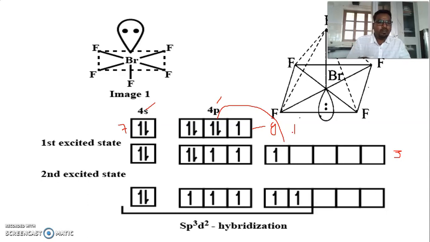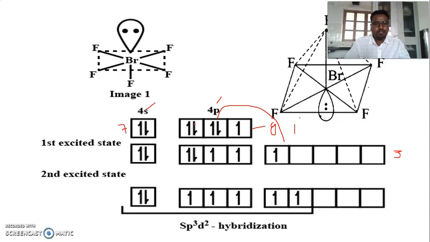But here bromine has to bond with 5 fluorine. That's why we need 5 unpaired electrons. We need 5 partially filled orbitals. So during bond formation, look at the p orbital: 4px2, 4py2, 4pz1.